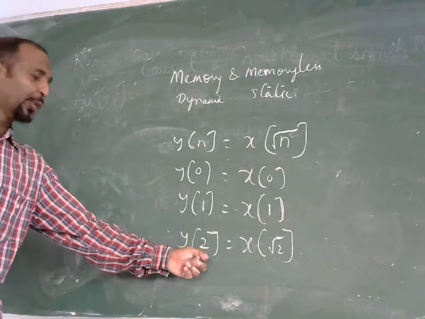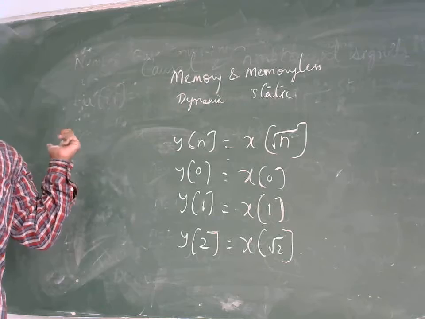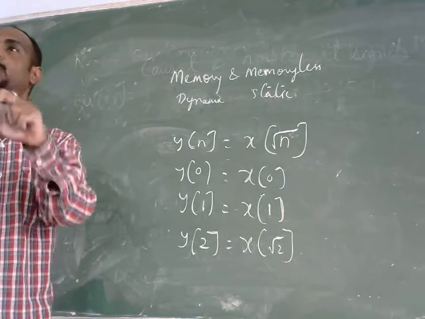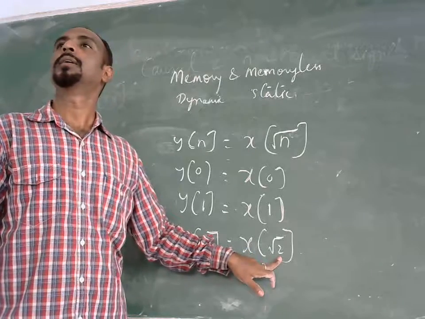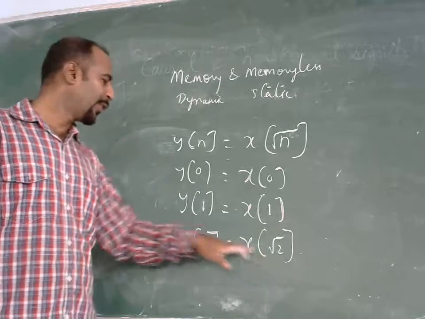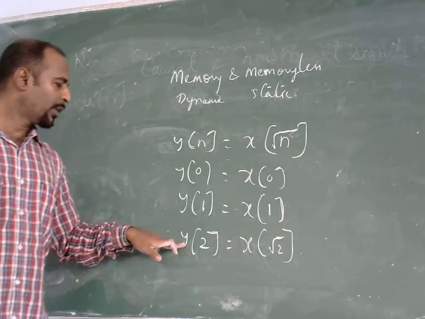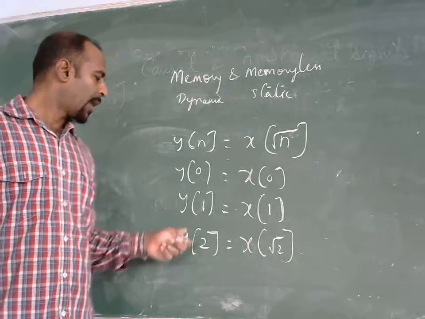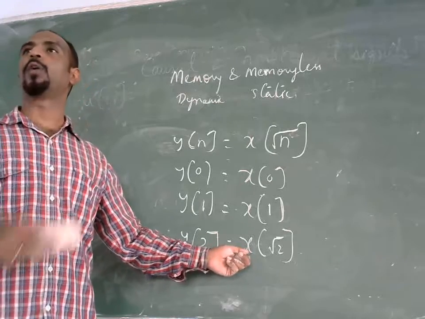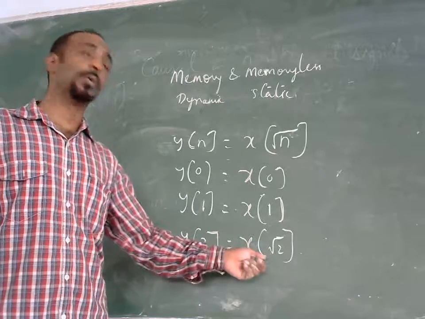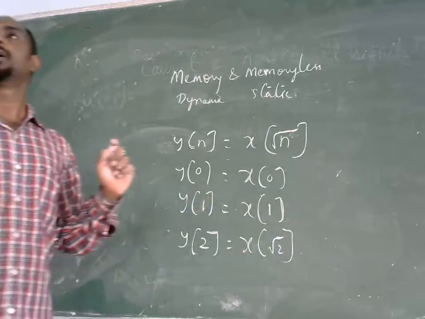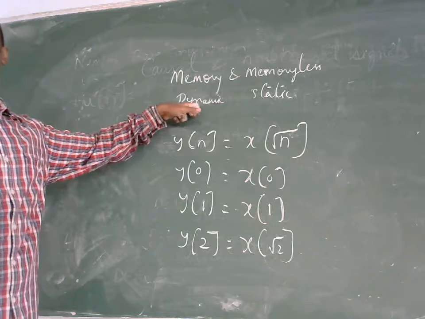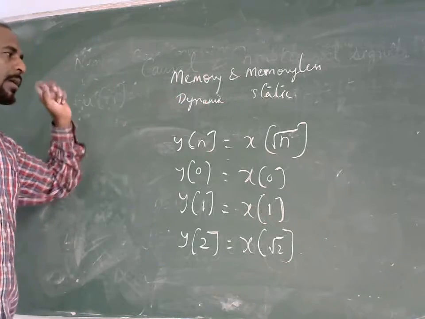What is root 2? It is less than 2. So we are talking of the current value of 2, but the output is depending upon some past value of the input which is less than 2. So therefore, the system is a dynamic system. It has memory.